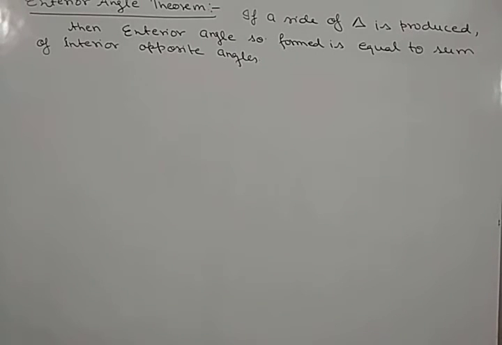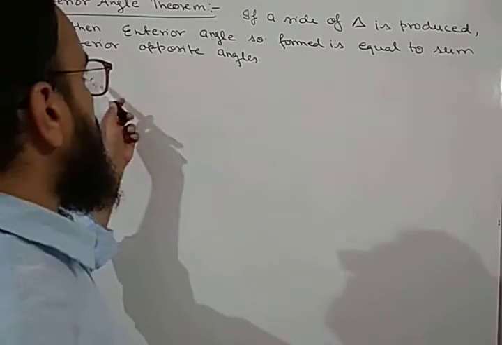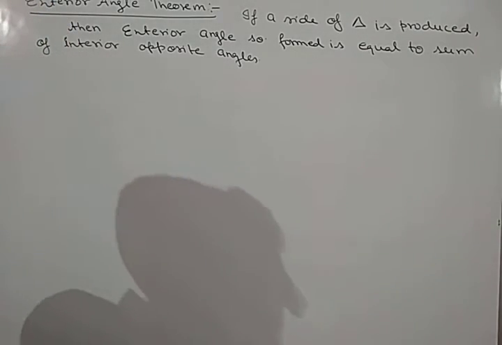Okay, so this is our exterior angle theorem. If a side of a triangle is produced, then the exterior angle so formed is equal to the sum of interior opposite angles. So let us draw the figure first.